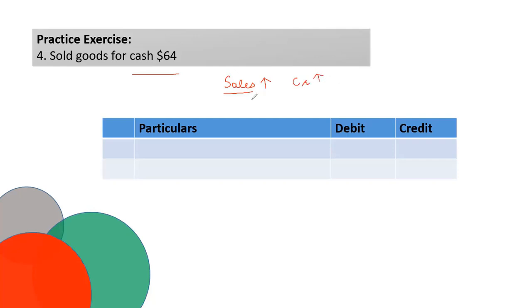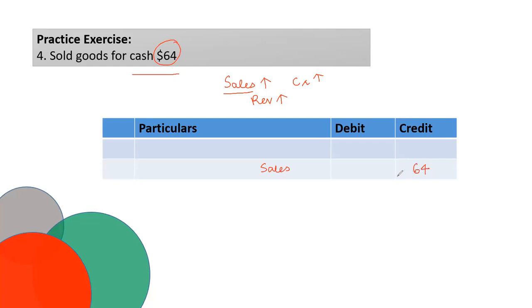Sales is a revenue for the business, and when sales increase, the revenue increases, and the credit side increases. So very first, we record this transaction on the credit side. So sales will be written on the credit side. And what is the credit amount? Credit amount is 64. So 64 is on the credit side, $64.